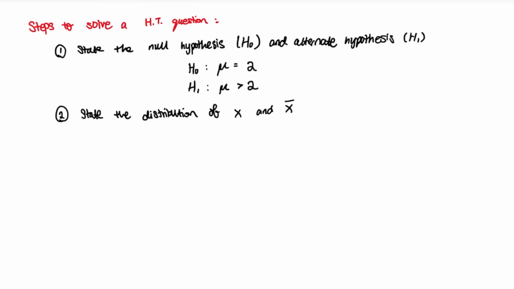This can be something like x follows a distribution of whatever it is supposed to be, and your x bar could be something like N of 30 and 0.385 over a sample size of 40. This is just an example. And then by central limit theorem, if the question didn't state and the sample size is large enough. So this could be an example of how you would simply state your distribution.